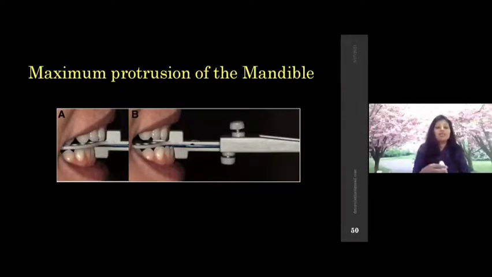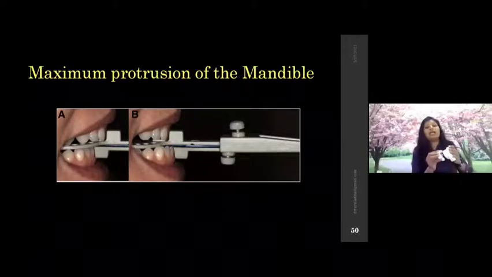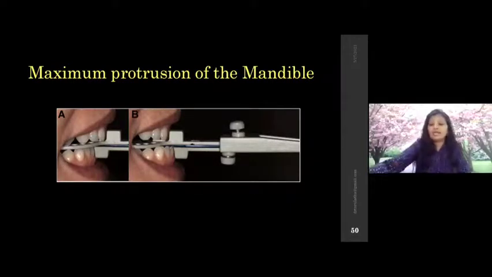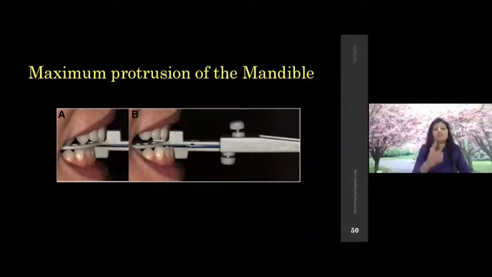That means 7 millimeter advancement can be done. Hope you are understanding. First thing is measure the overjet. Second thing is measure the reverse overjet when the mandible is protruded in maximum forward position, then subtract them. When you subtract them, you have around 10 millimeter or 6 millimeter, whatever it is. 70% of that particular measurement is the amount of mandibular advancement that you can do within the physiological limit.